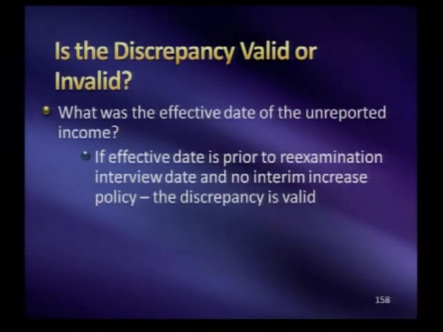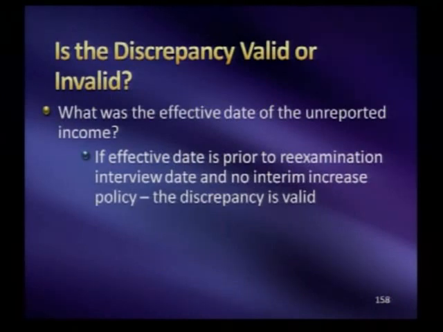If the income started after the annual re-exam was done and you don't have an interim increase policy, then you know that's an invalid income discrepancy because they're not required to report the income in between annuals.